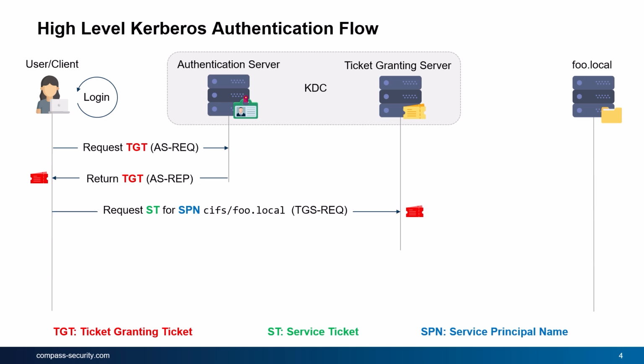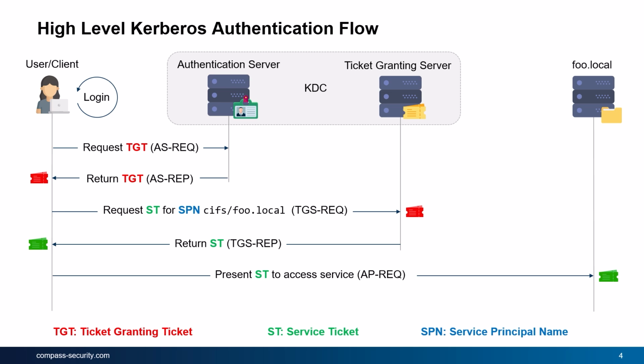We pass along our ticket granting ticket, and if everything is validated correctly, we will get back a service ticket. With said service ticket, we can then present that to the target file server, and if we are effectively authorized to access the service, we will be able to establish the connection.